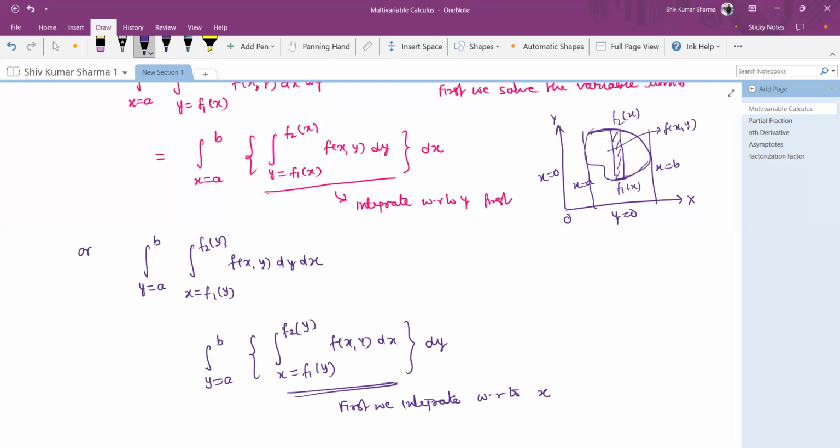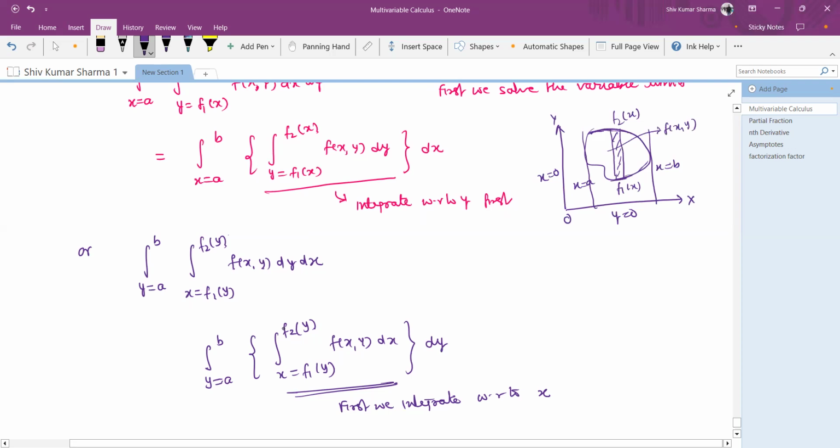Similarly, for variable x, we take the elementary strip parallel to the x-axis. So when a limit is variable for x or y, the elementary strip is parallel to the other axis.